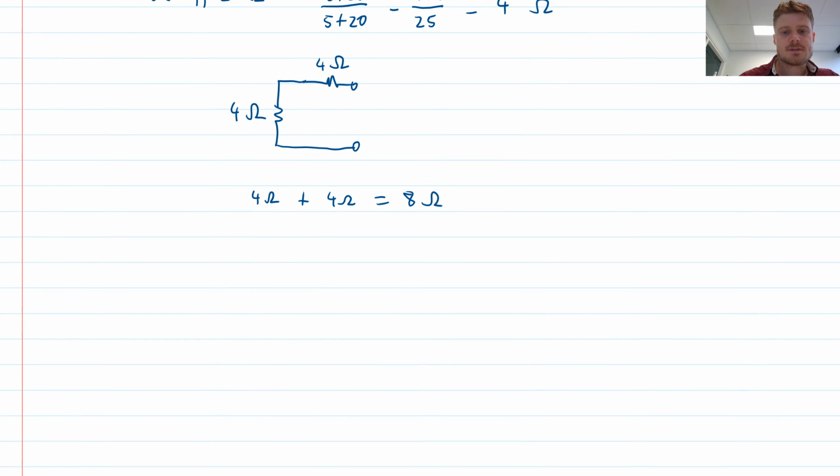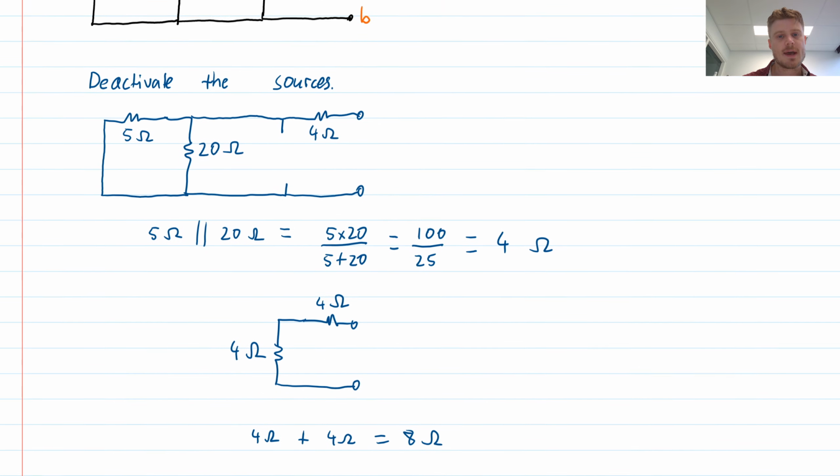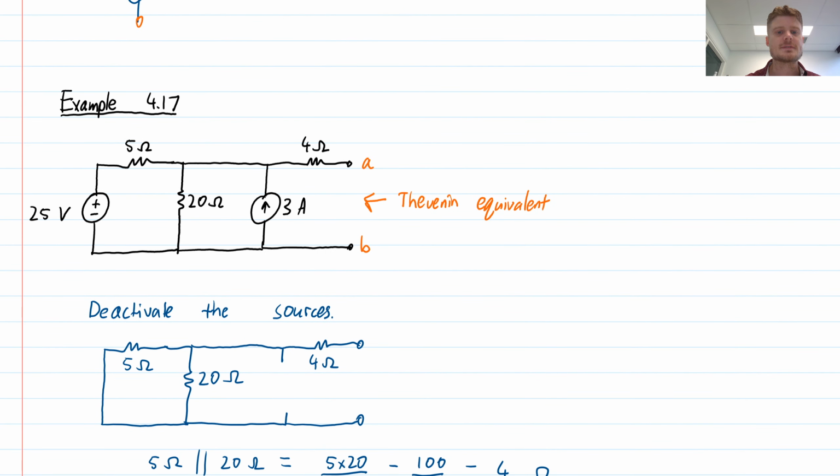So the equivalent circuit that I have is just an 8 ohm resistor. And so this tells me that the Thevenin resistance, RTH, for this network is simply 8 ohms. So you see this is maybe a slightly faster or simpler way of finding that Thevenin resistance.